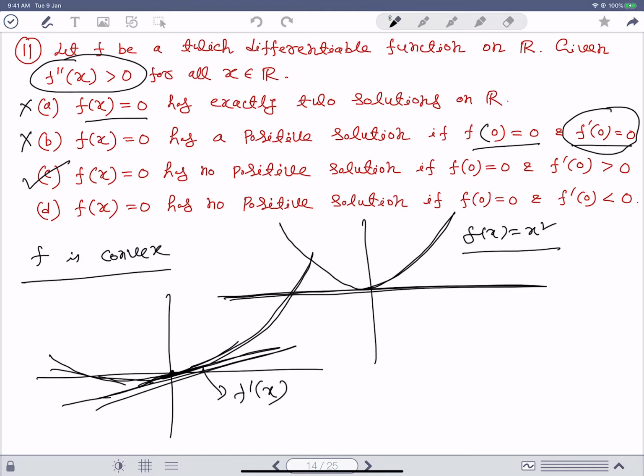Now what about D? Again it says it has no positive solution if f 0 equal to 0 and f dash 0 is less than 0. So that means the tangent will be negative. If the value of the function is this and the tangent is something like this, the negative tangent.